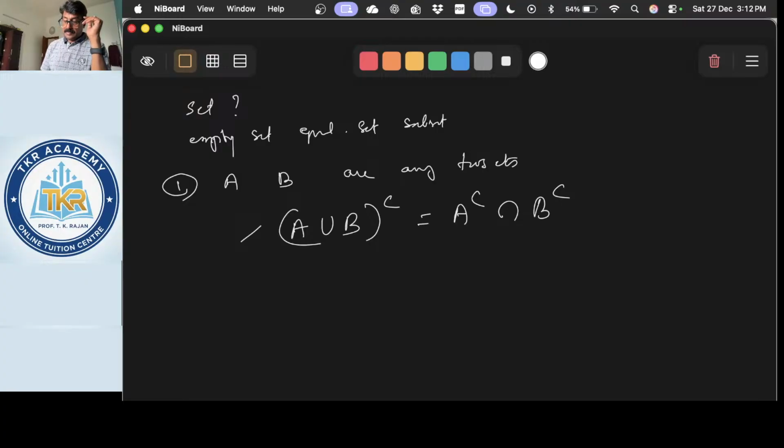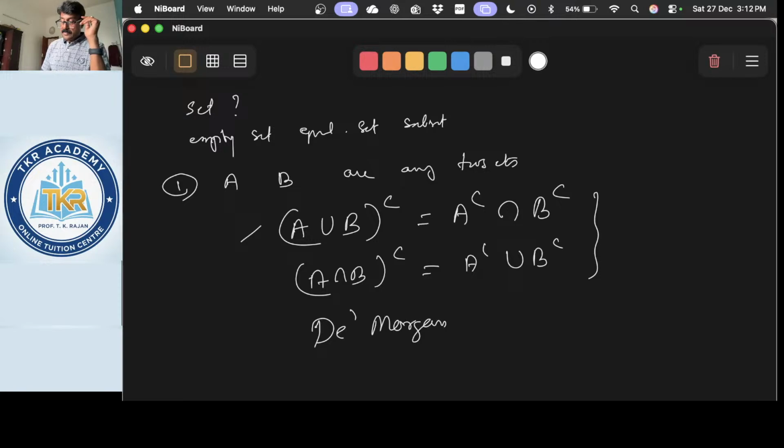And (A intersection B) complement is equal to A complement union B complement. These results or laws we call De Morgan's laws.